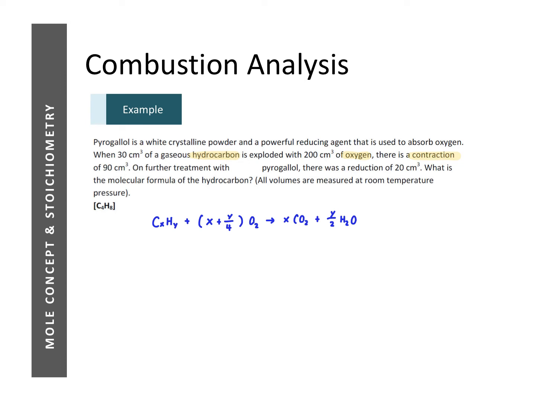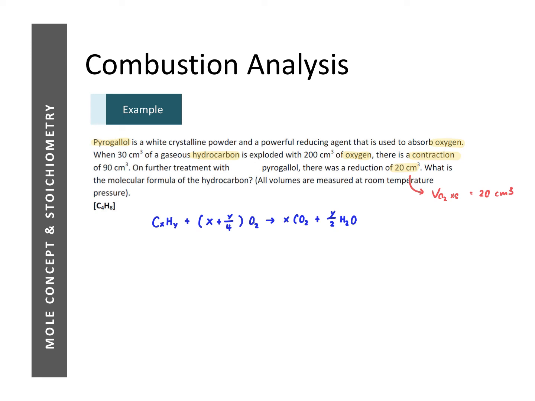Then there is a special piece of information about a chemical called pyrogallol, which can actually absorb your oxygen gas. So if you read further, treatment with pyrogallol caused a reduction of 20 centimeter cube. That tells us that your volume of oxygen in excess is actually 20.